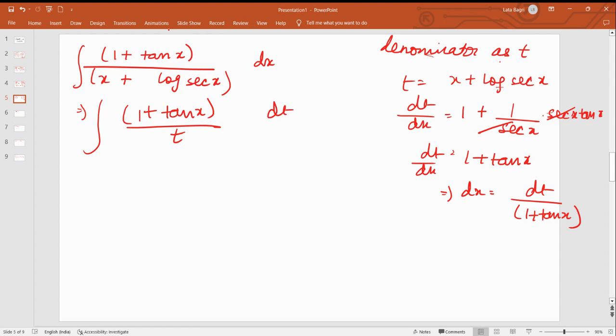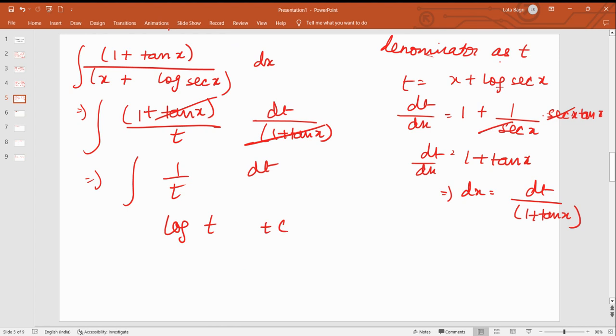So that's what I'm going to do. dt by 1 plus tan x, cancelled. So what I get, 1 by t dt, 1 by t is log t plus c, log of x plus log sec x plus c is going to be your answer.